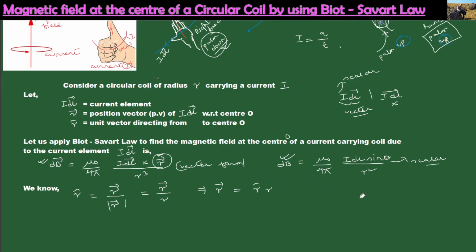Now keep in mind that this expression, dB bar equals mu naught divided by 4 pi, I dl bar cross r bar, the moment we change into the scalar form, it will be expressed in that form, because I dl bar is the first vector and r bar is the second vector.